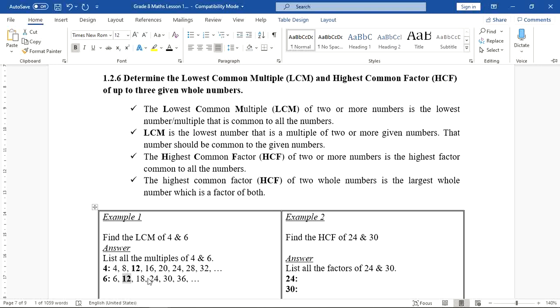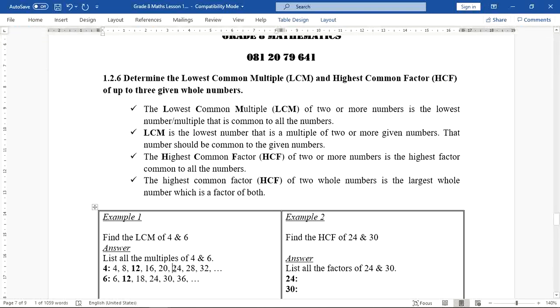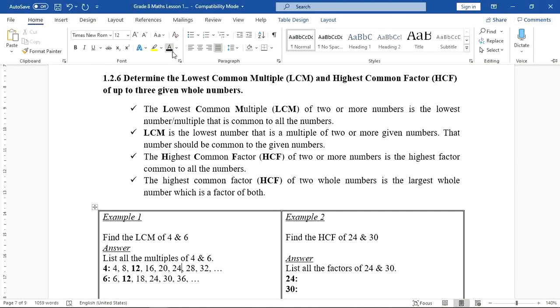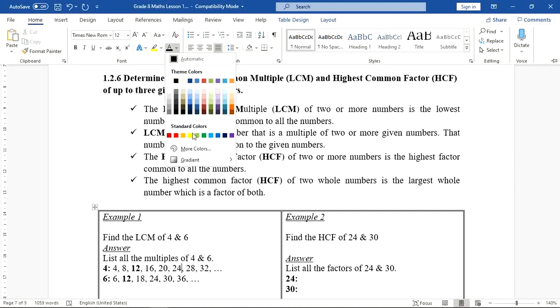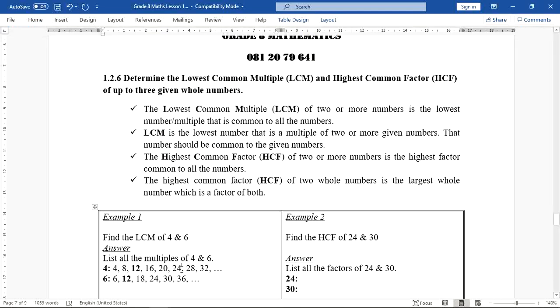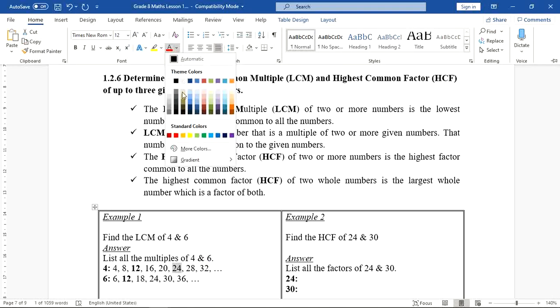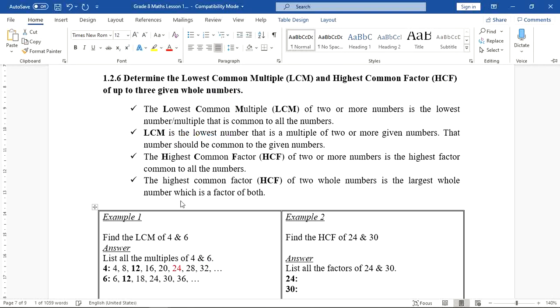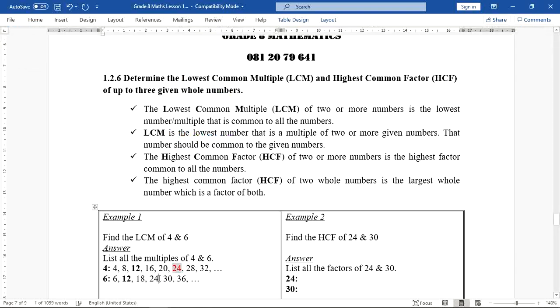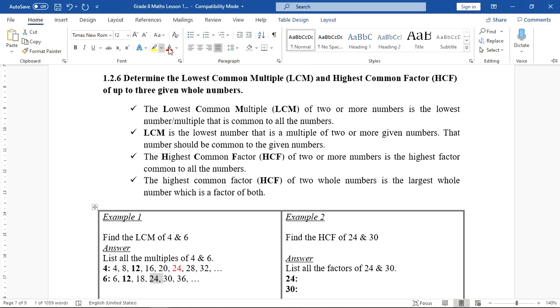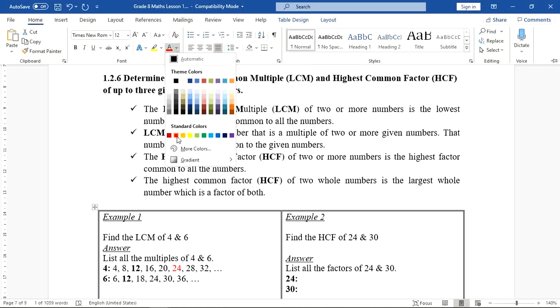We also have 24, let's give it a red color, and another 24 on the list of 6 is also common.